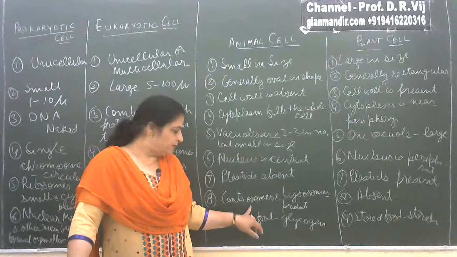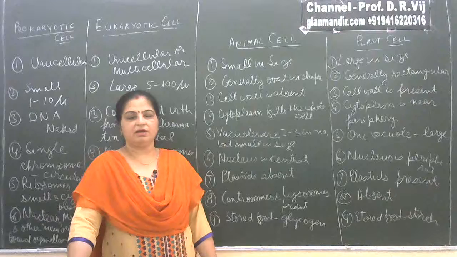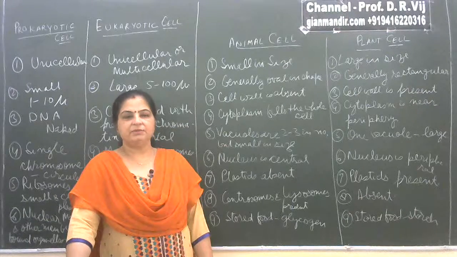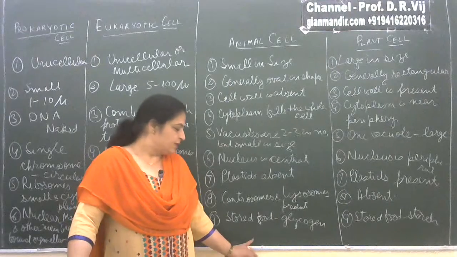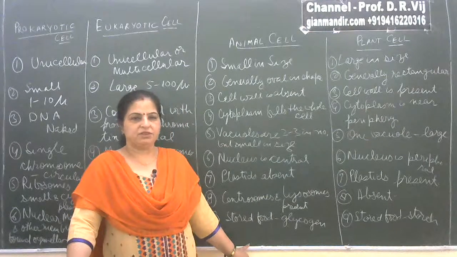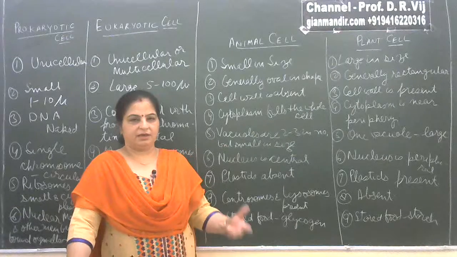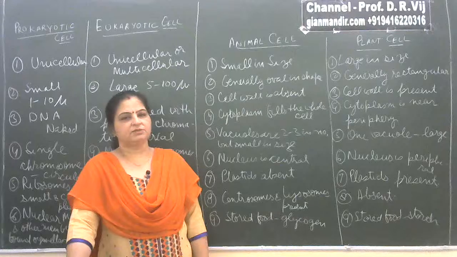In animal cells, organelles like centrosomes and lysosomes are present, but these are absent in plant cells. In animal cells, the food is stored in the form of glycogen, whereas in plant cells, the food is stored in the form of starch.